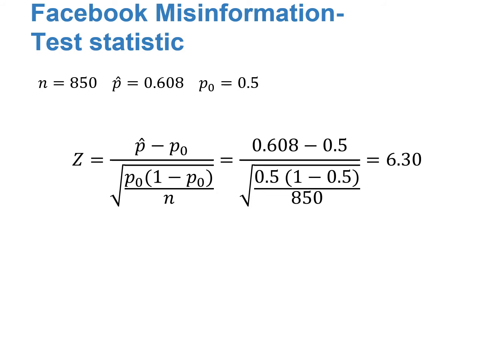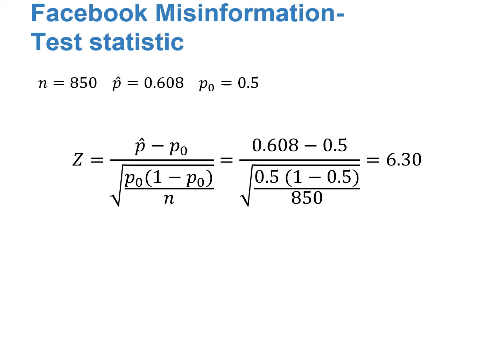Let's calculate the test statistic for our Facebook misinformation example. So remember that our sample size n is 850. Our sample proportion, p hat, is 0.608, and our null value, p sub 0, is 0.5. Substituting those into our equation, we get 0.608 minus 0.5.